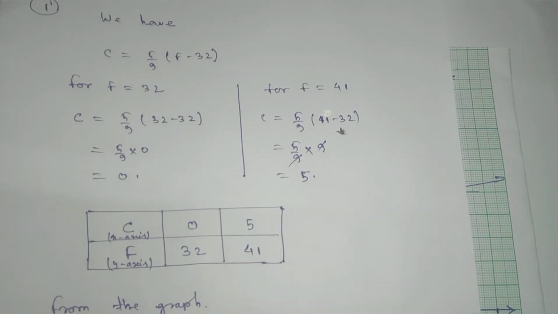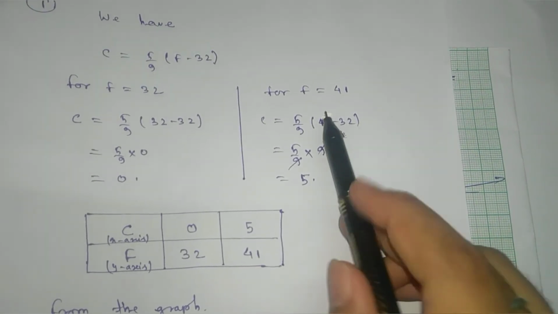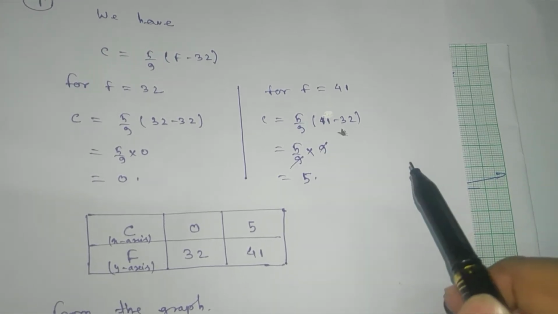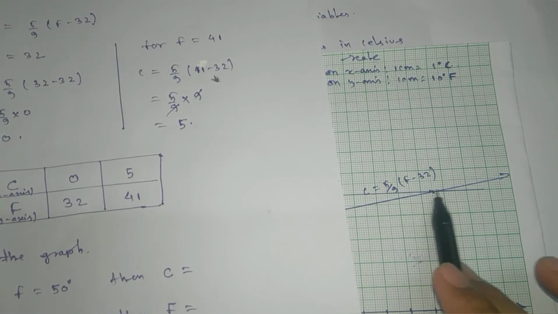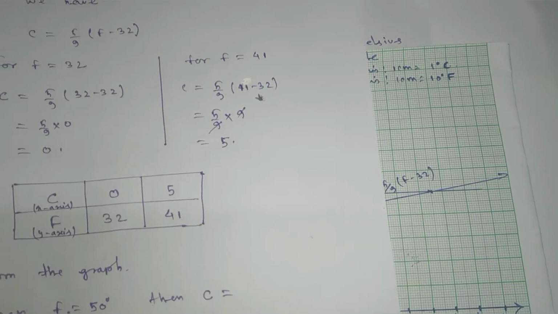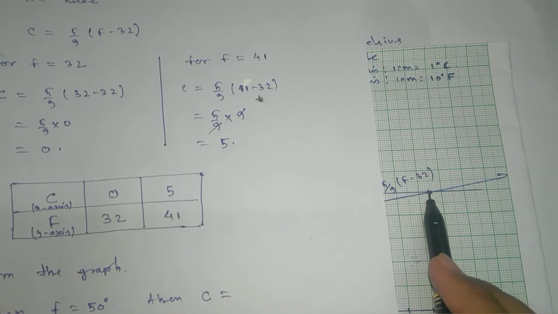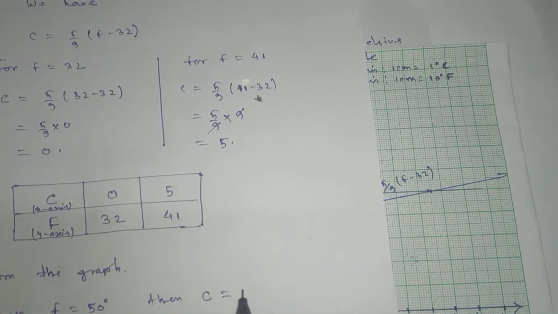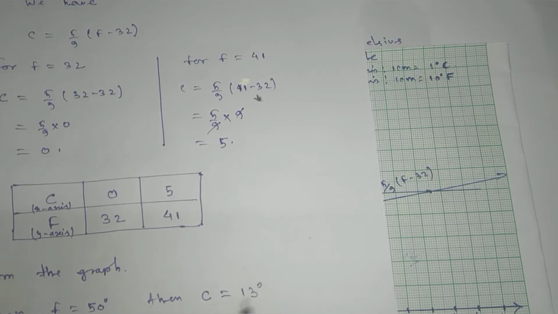You can find it by substituting 50 and checking what answer you get, in rough, but don't show it here. You can see that it is very close to 13 point something. So when F is 50 degrees, from the graph we are getting something without the point. Okay, we'll take 13 degrees.